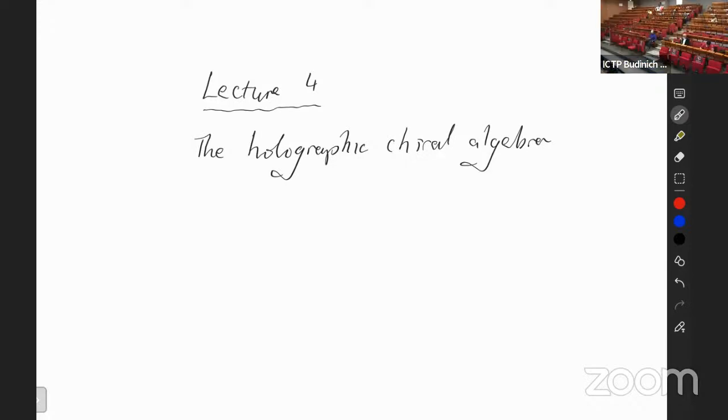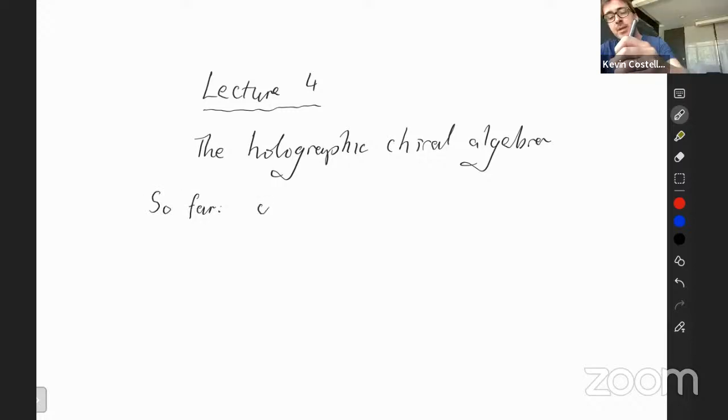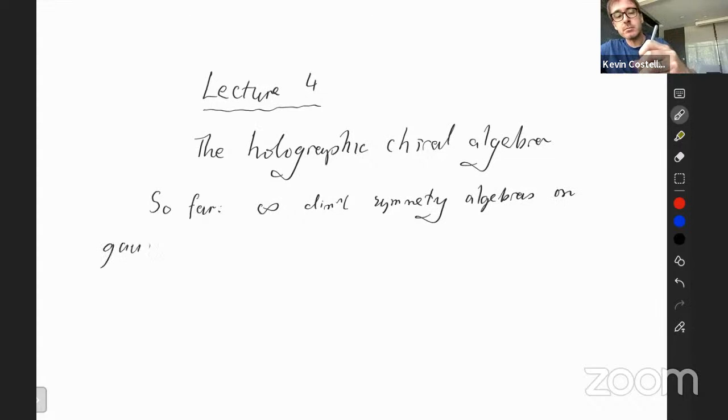I'm going to build on what we've done so far. We've related infinite-dimensional symmetry algebras on the gauge theory side and the holographic dual. We've seen that these are the same.